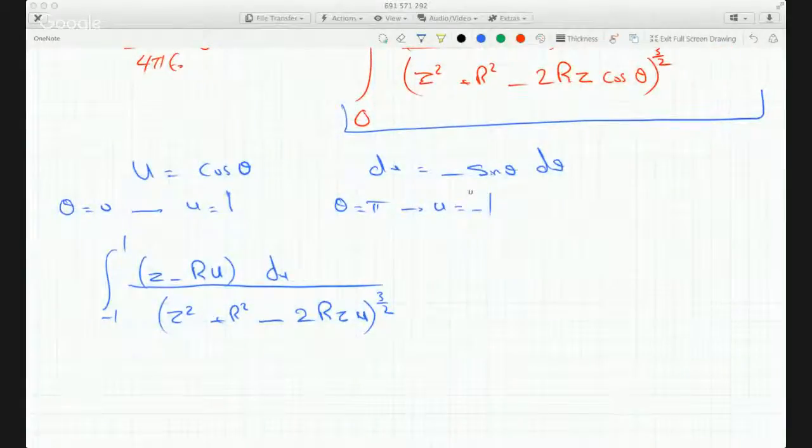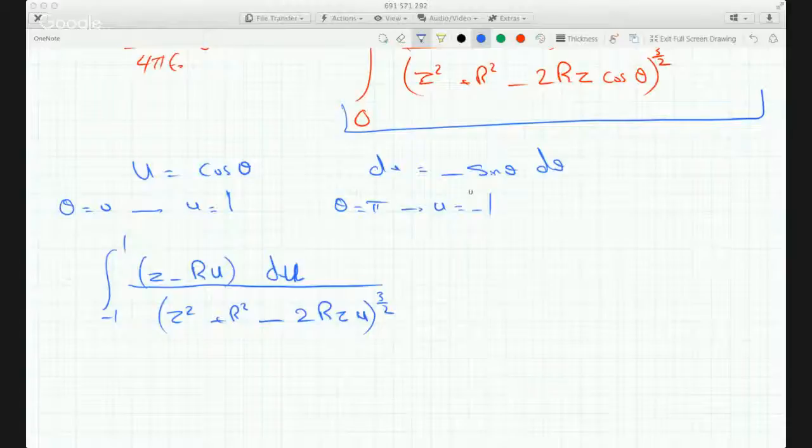Let's see here. And how will you integrate this one? Well, this one could be done by partial fraction decomposition, because we have a u here.